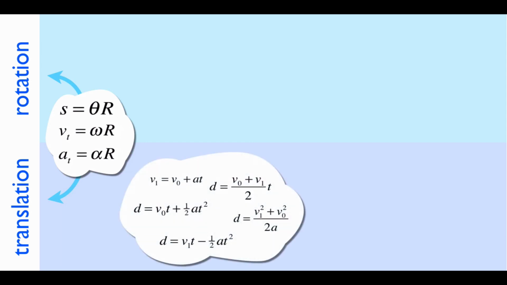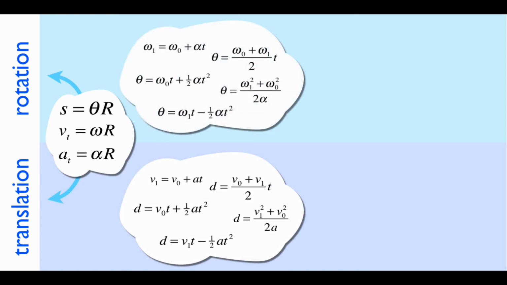And the takeaway? We have two regimes. Translation, the question of an object's position, and rotation, the issue of its orientation. We can connect one regime to the other using these equations. Now, the same way that we have translational kinematics that relate displacement, linear velocity, and acceleration, we also have rotational kinematics that relate angle of orientation to angular velocity and acceleration.